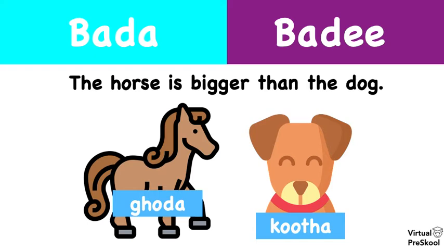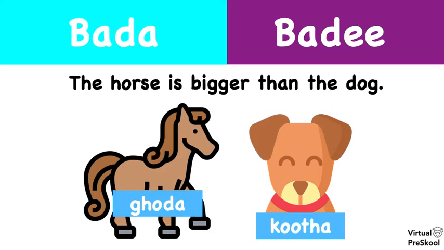So now let's put the sentence together. How would we say the horse is bigger than the dog? Remember from class, we said that you start with the subject of the sentence. The subject of the sentence is whatever the sentence is about, which is the horse, ghoda. Now next comes whatever you're comparing the horse to. What are we comparing the horse to? The dog, kutta.